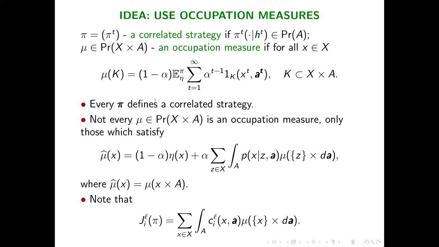And here I have some comments. So the first comment is that every profile of strategies for the players defines, of course, a correlated strategy. The second remark is that not every mu, which is a probability measure on the product of the state space and the action sets of the players, is an occupation measure.